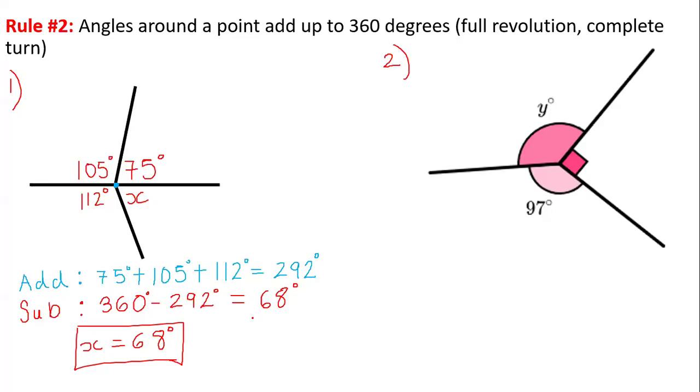Where do you get the 90 from? There's a 90 degrees next to the 97. Do you mean the box? Yes, sir. Very good. The box is 90 degrees.